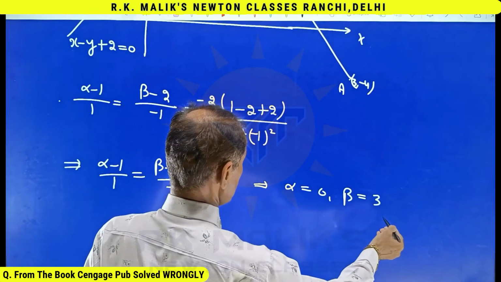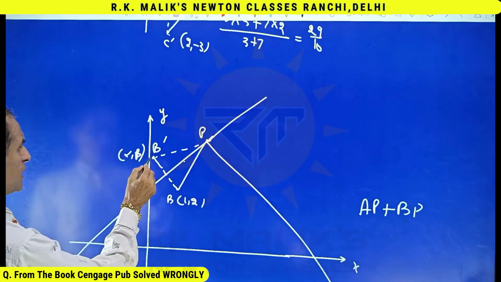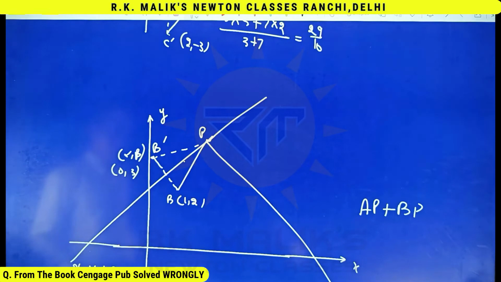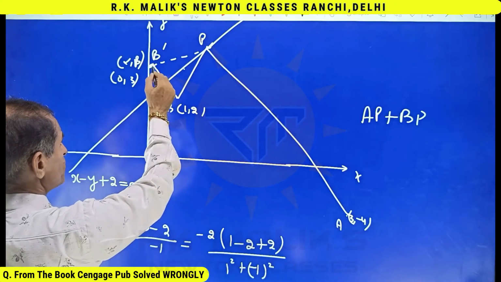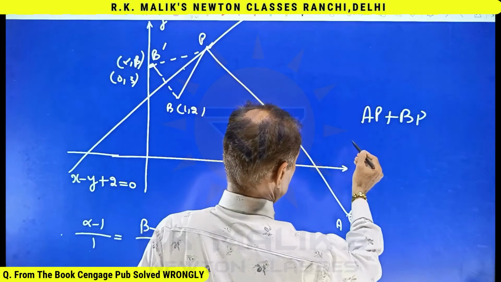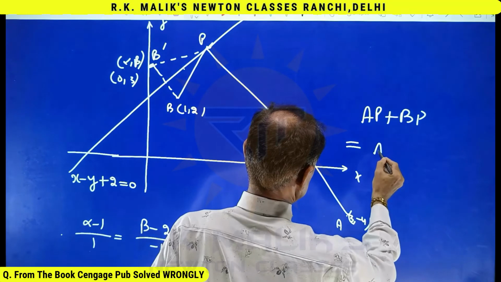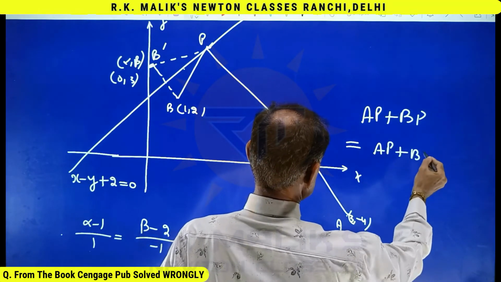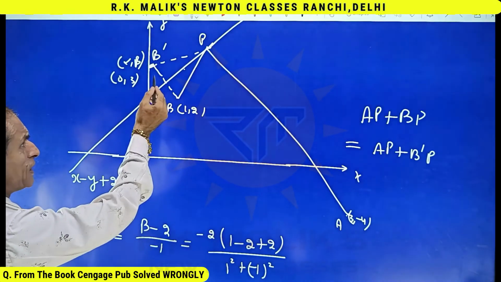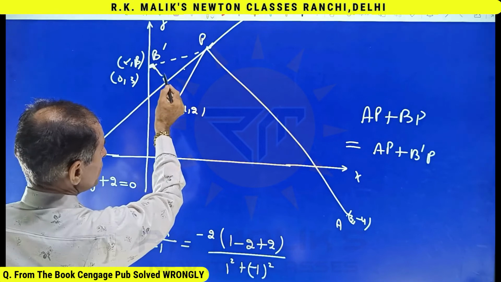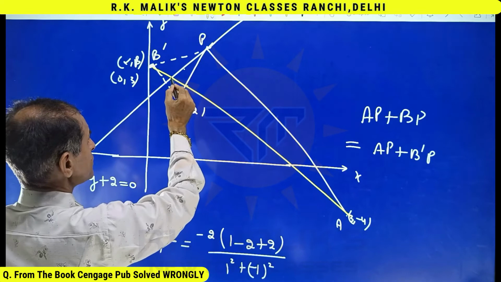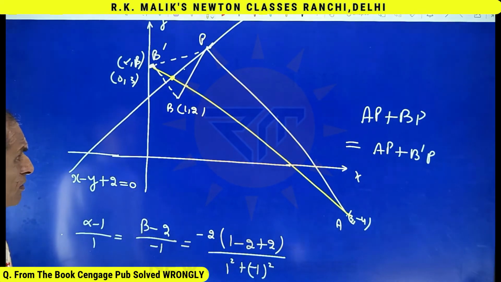Hence, we have got the value of alpha as 0, beta as 3. That is, the point B dash becomes 0, 3. That is, the point B dash is on the y-axis. Clearly, AP plus BP is equal to AP plus B dash P. And AP plus B dash P will be minimum when the situation is of this type, that is, P reaches here.